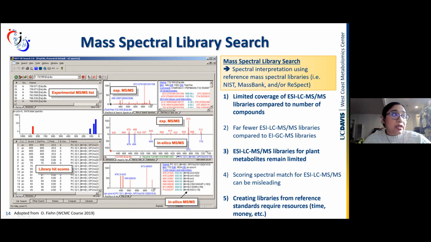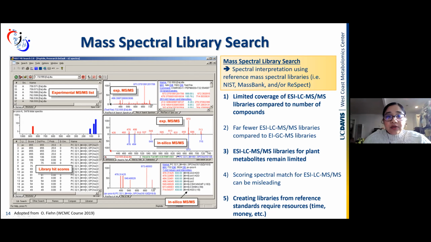So what you can see here, if you can see my mouse, you can see an experimental MSMS spectrum at the top in the red that is matched against in silico MSMS reference spectra, or it could also be an experimental MSMS spectrum there at the bottom. This type of search is called a head to tail match. So you can really see where ions are overlapping and where there are ions that miss and hit, hit and miss ideally, and this impacts the score.